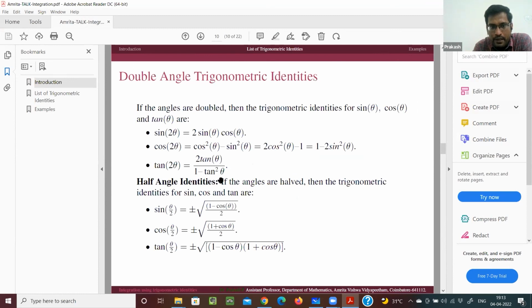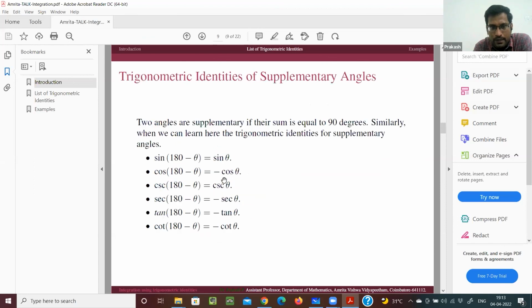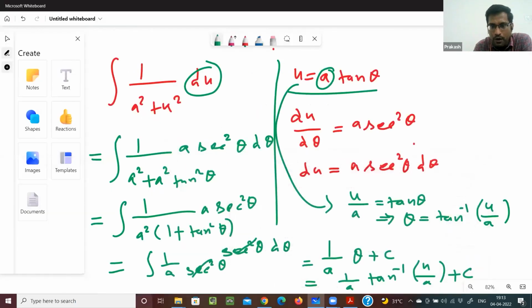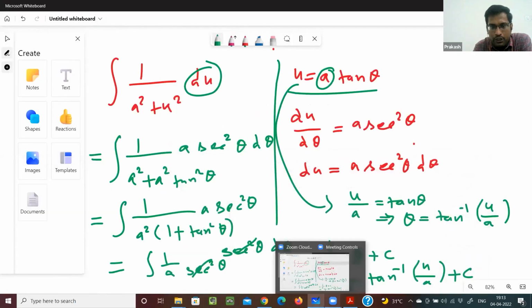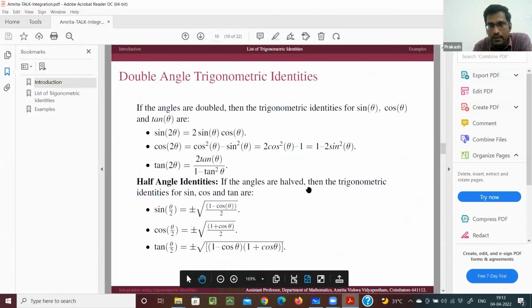Here 2 tan theta by 1 minus tan square theta is coming. I didn't mention that formula, but this kind of formula is available. In your question, that involves the terms. One minute, again I will check.